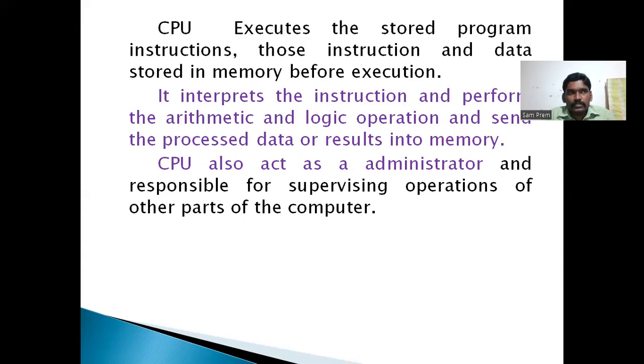If the computer needs a set of instructions or inputs, they are stored in memory for execution. The CPU also acts as an administrator, responsible for supervising the operations of the other parts of the computer.